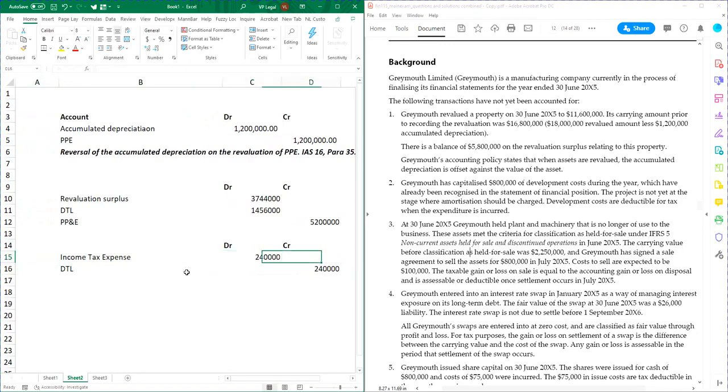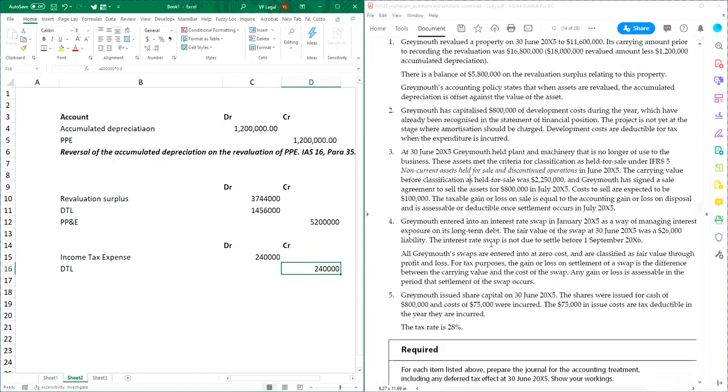Sorry, it's not a flat 30% tax rate in this question, it's 28%. So let's just change that, 224, yep, cool, and there we have our answer. So that's the deferred tax liability on development costs.